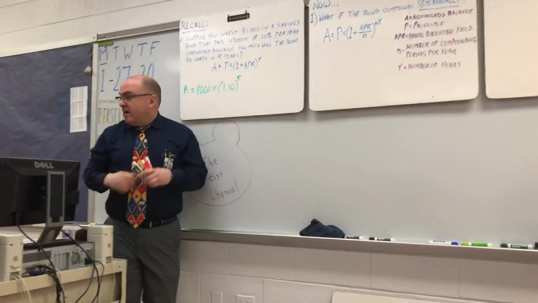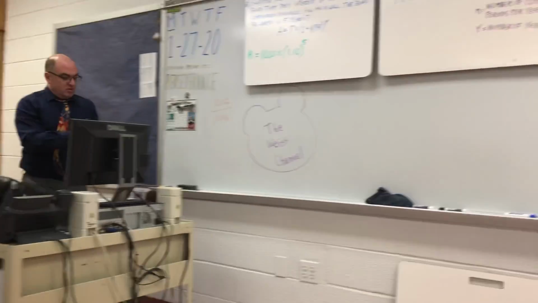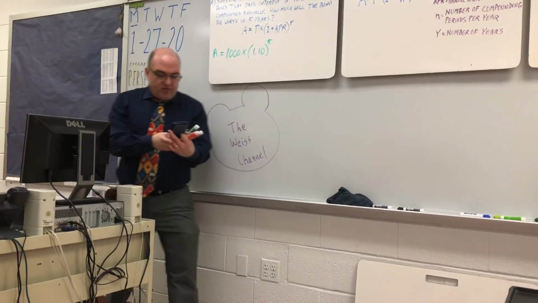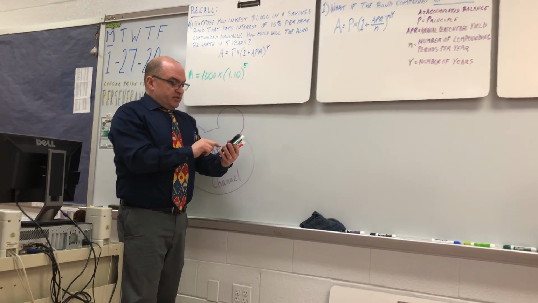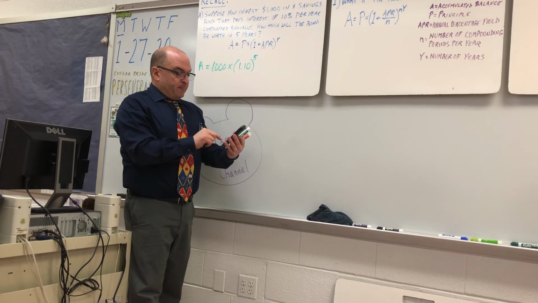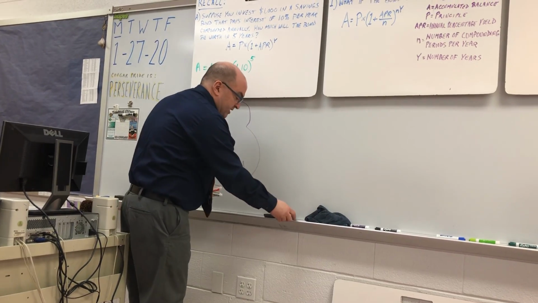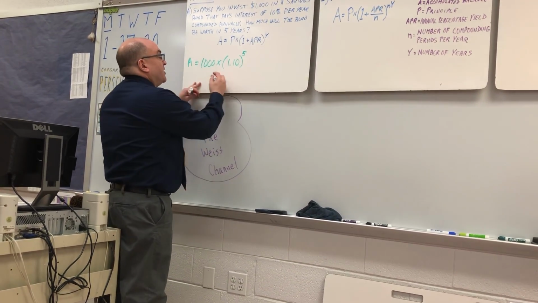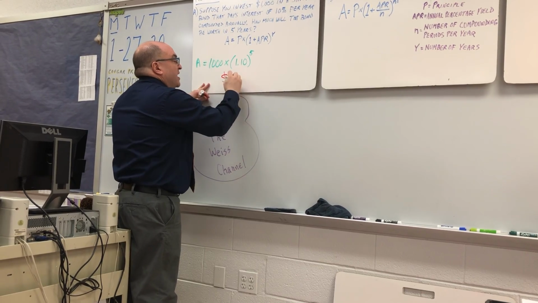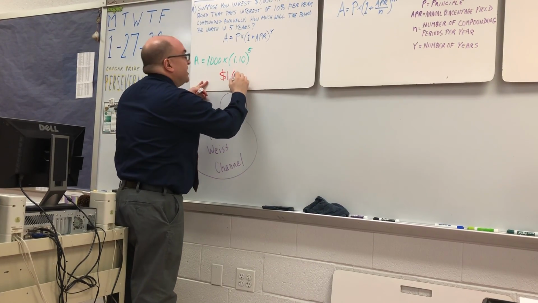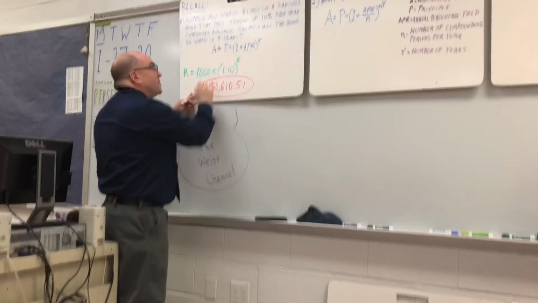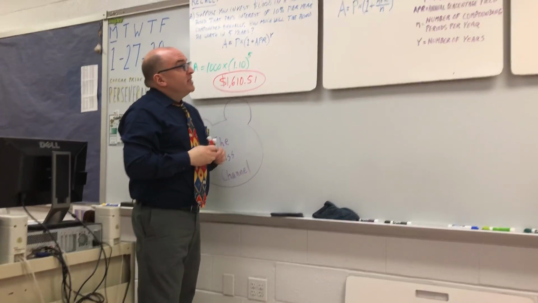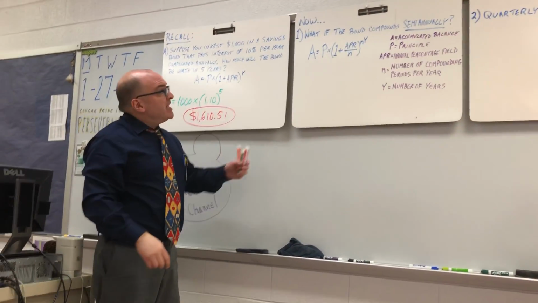And now on our calculator, we do 1,000 times 1.10 to the 5th power, and we get 1.61051, or $1,610.51.